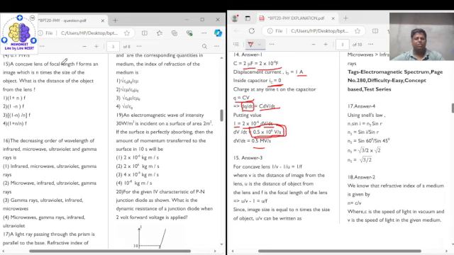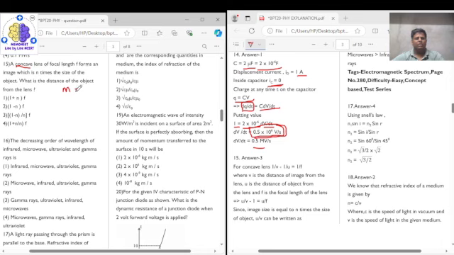Question number 15 says that a convex lens of focal length f forms an image which is n times the size of the object, right? What is the distance of the object from the lens? So what they say is the magnification is m, and because it is a concave lens, it will be forming a virtual image.